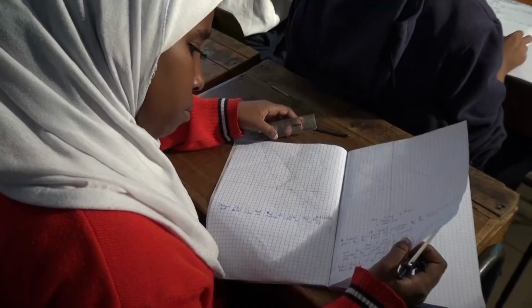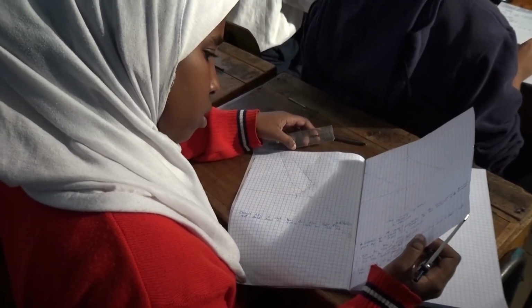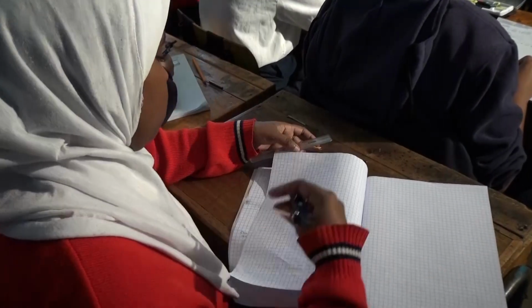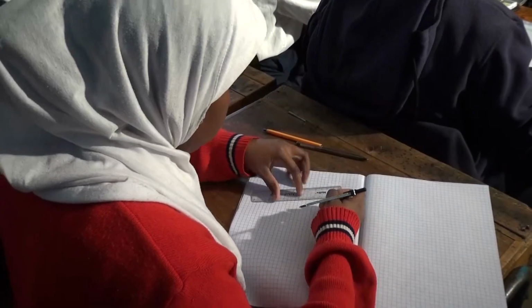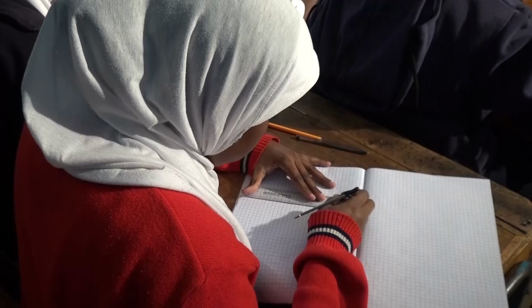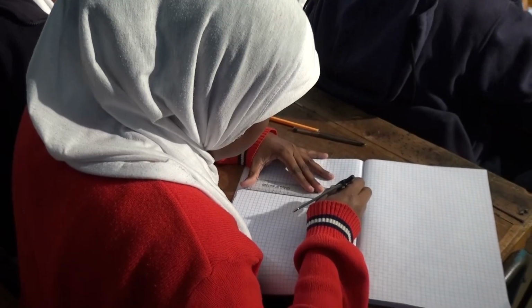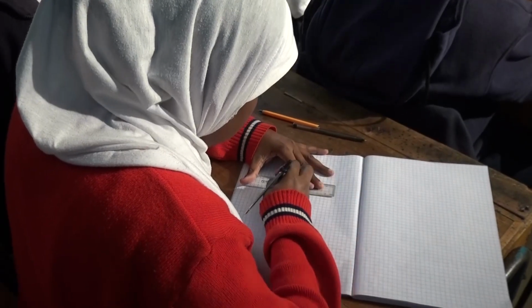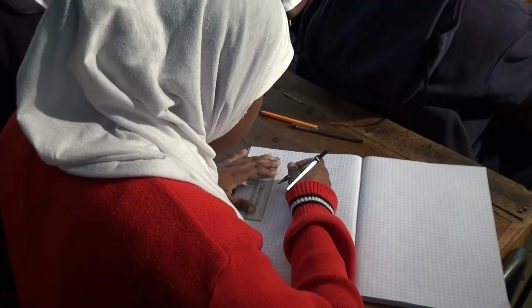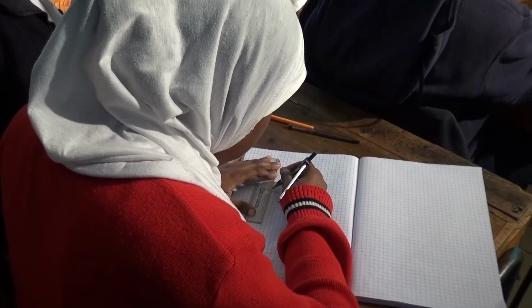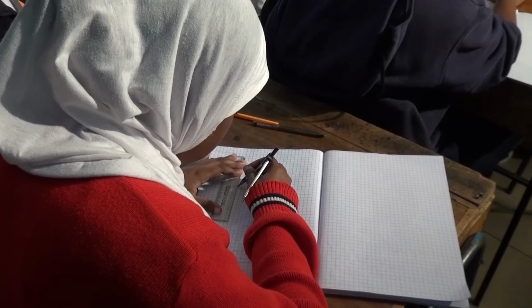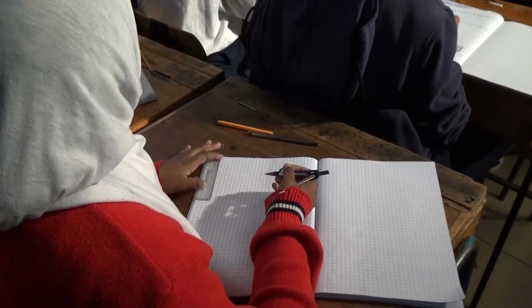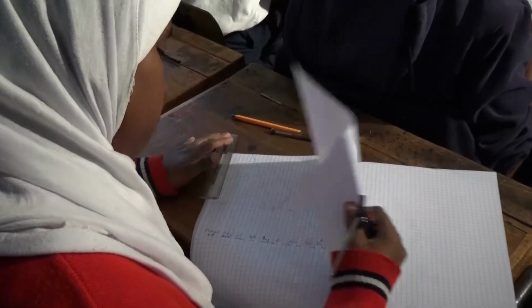So what are we going to do first? Draw a straight line. Okay. So you will draw your straight line. And of course, after drawing a straight line, we have been given the measurements of the triangle. So everyone, draw your straight line.